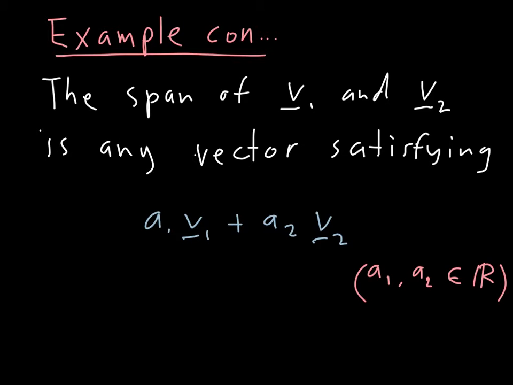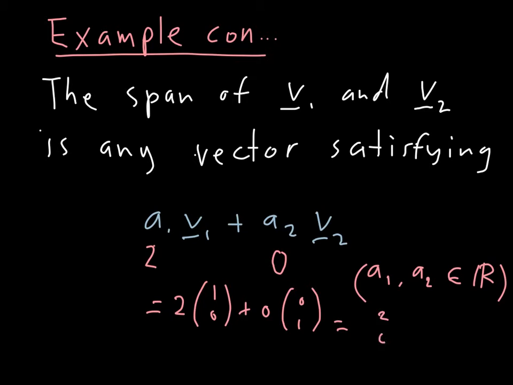So if we took a1 to be 2 and a2 to be 0, our end result of this equation would simply be 2 times (1, 0) plus 0 times (0, 1), which would be simply (2, 0). So the reason I use this example is I'm hoping this can start to show you that we can get anywhere in R2 by using a linear combination of v1 and v2.